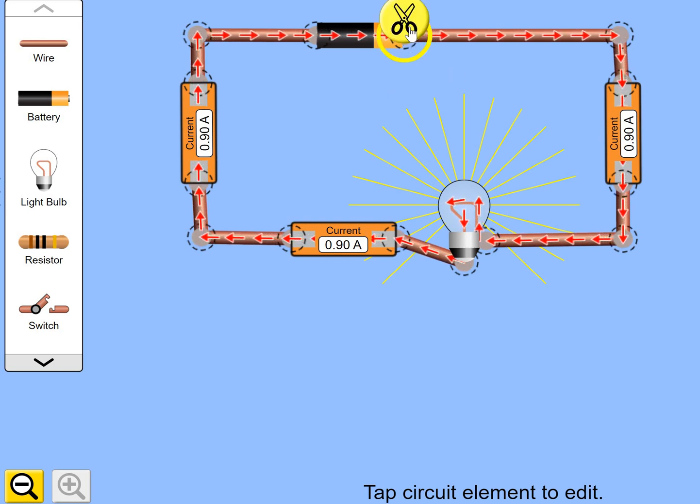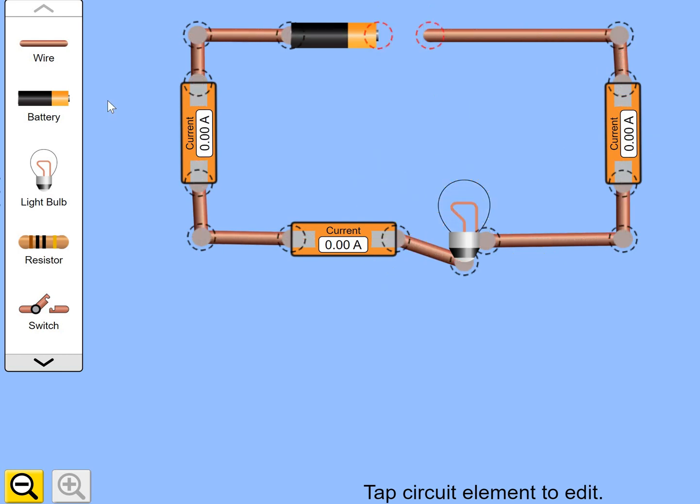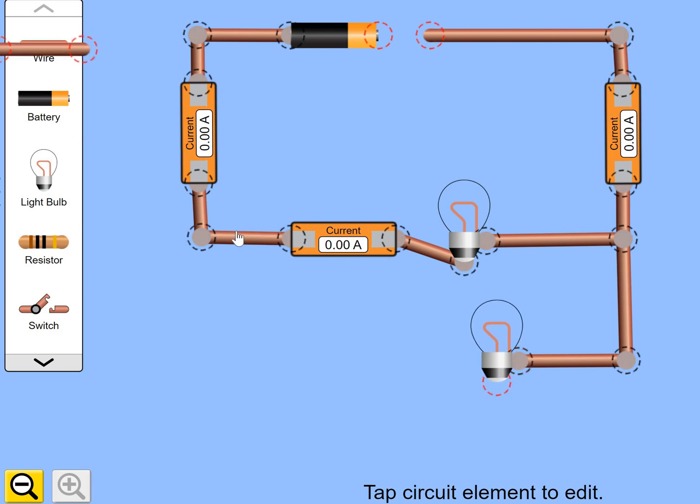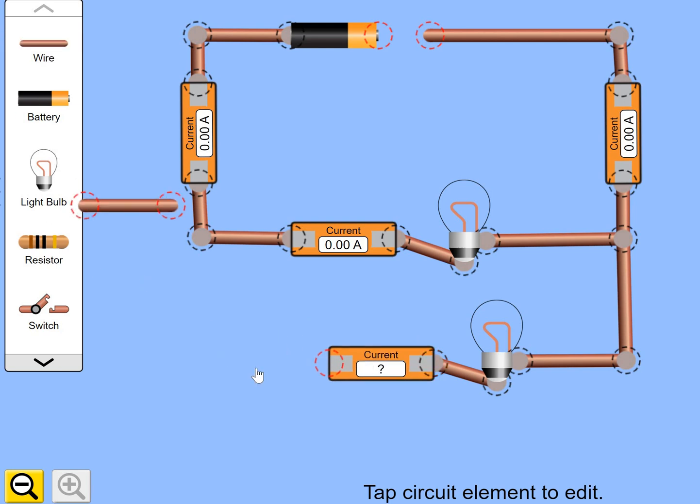If I break the circuit again, and this time put in another branch, with another bulb, and complete this branch with another ammeter, what do you think is going to happen to all those electrons as they flow around this first right hand ammeter here and reach this point here?